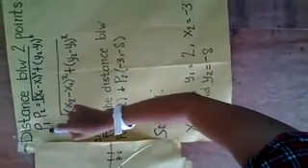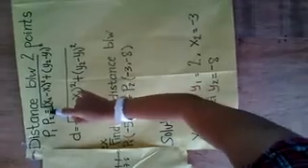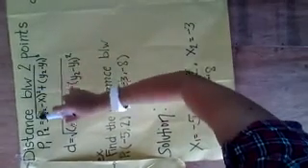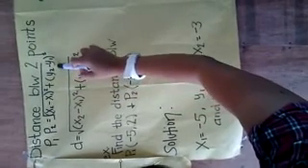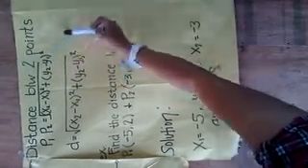But first, here's the formula that we're going to use. Distance between point 1 and point 2 equals the square root of (x sub 2 minus x sub 1) squared plus (y sub 2 minus y sub 1) squared.